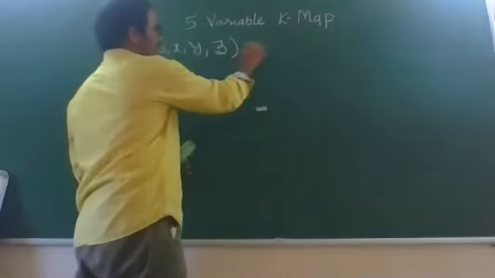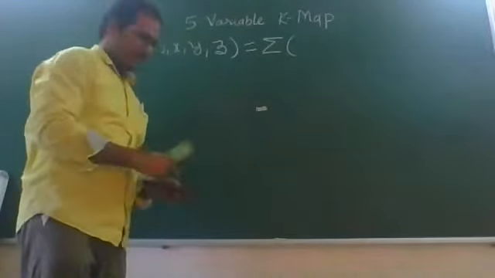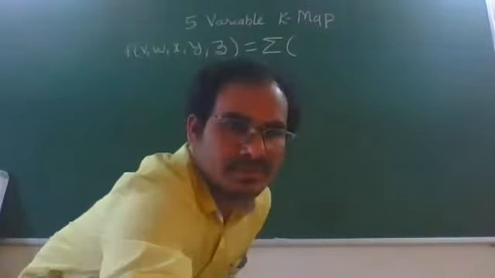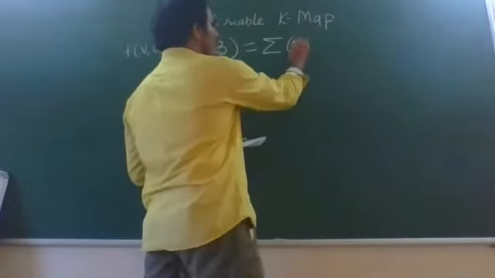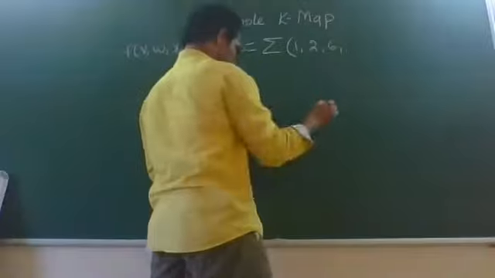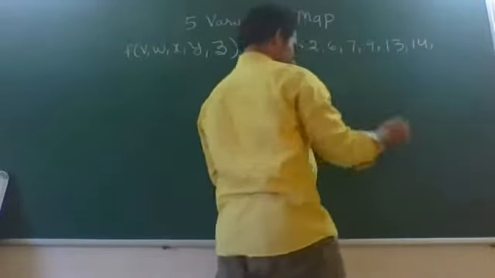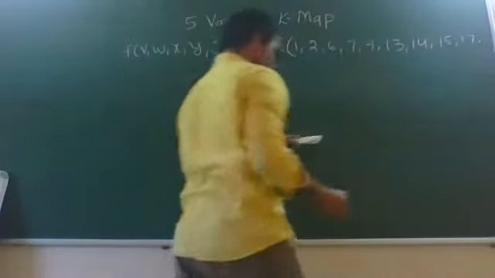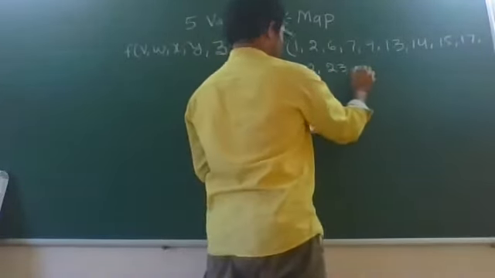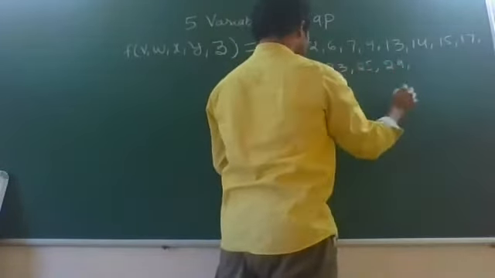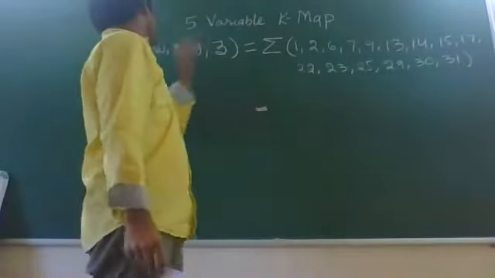This is given in the form of sum of minterms, that is equal to sigma of 1, 2, 6, 7, 9, 13, 14, 15, 17, 22, 23, 25, 29, 30 and 31.